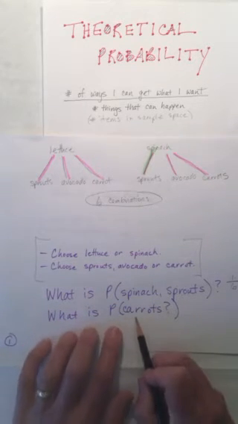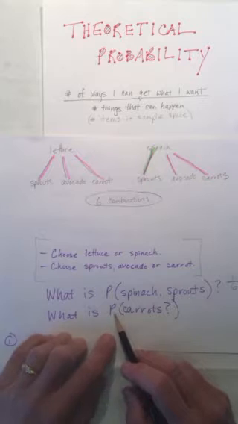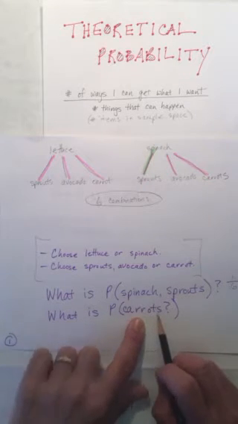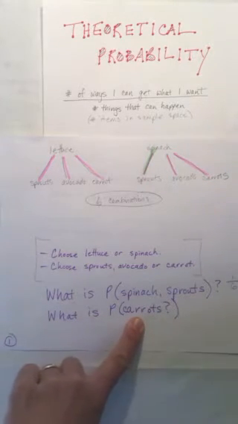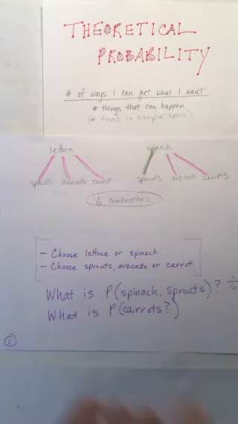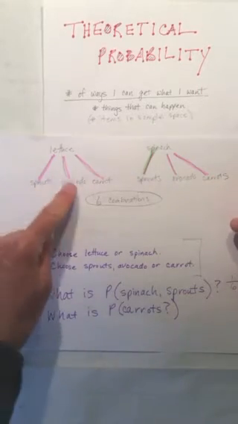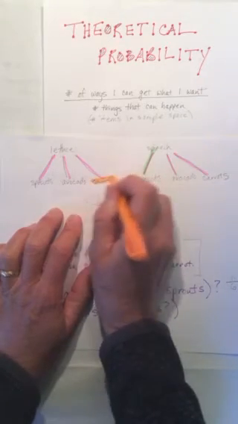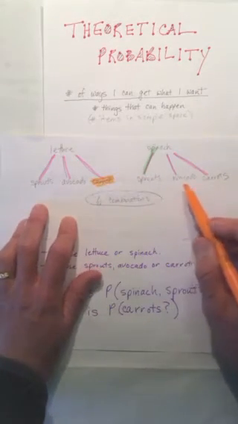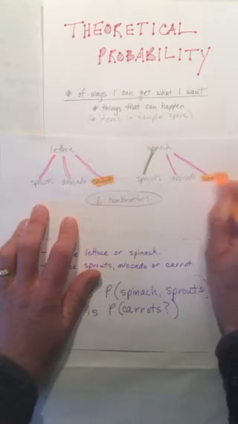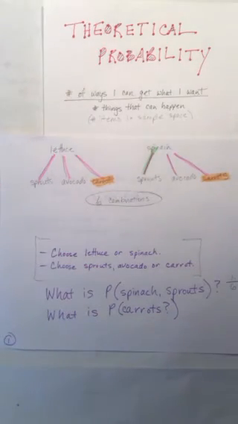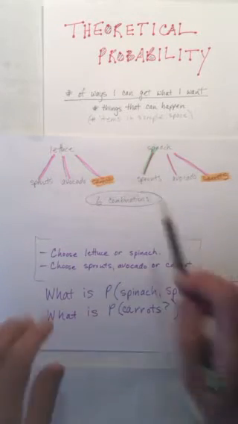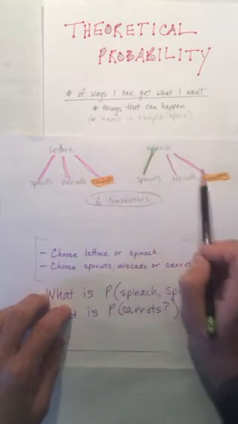Let's look at this one. What is the probability of carrots? So we're looking for all the combinations that have carrots in them. And I think I'll use my orange highlighter for this one. Well, here's one that has carrots. Sprouts, avocado. There's one that has carrots as well. So how many of these combinations can we get what we want? 1, 2.